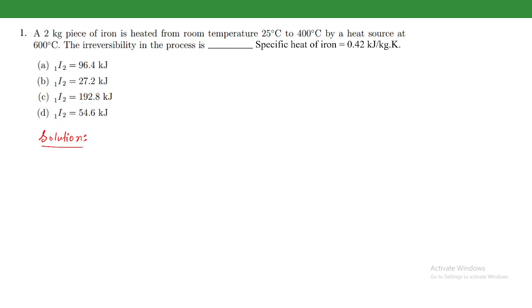So the 2 kg iron piece is being heated from room temperature at 25 degrees Celsius to 400 degrees Celsius by a heat source. So the heat source will essentially lose heat to this piece of iron for it to be heated. Okay, so what is the heat lost by the heat source?